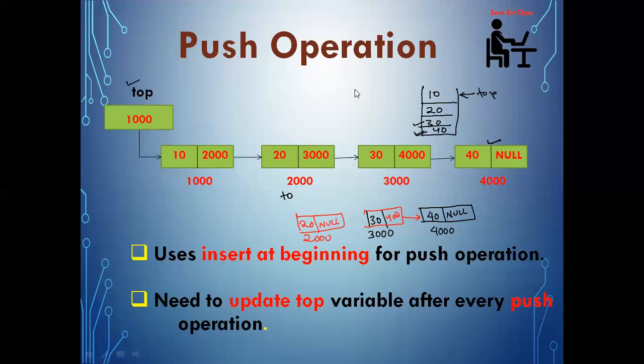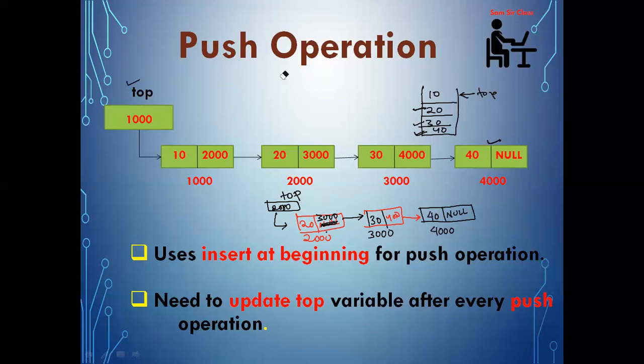By looking at the content of top, as top is pointing to 3000, top is keeping the value 3000. Now I need to connect 2000 with 3000. So in 2000's next, I'll keep the value of top, that is 3000, so that the new node will be connected with the existing list. As 20 is pushed after 30, top will point to the last value pushed, so top will keep the address 2000.